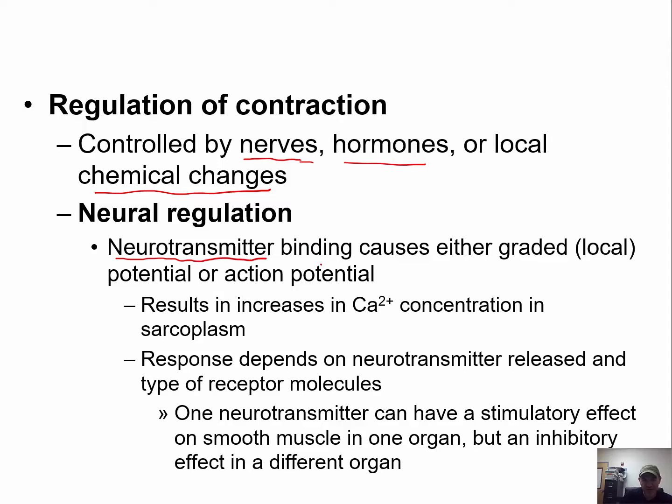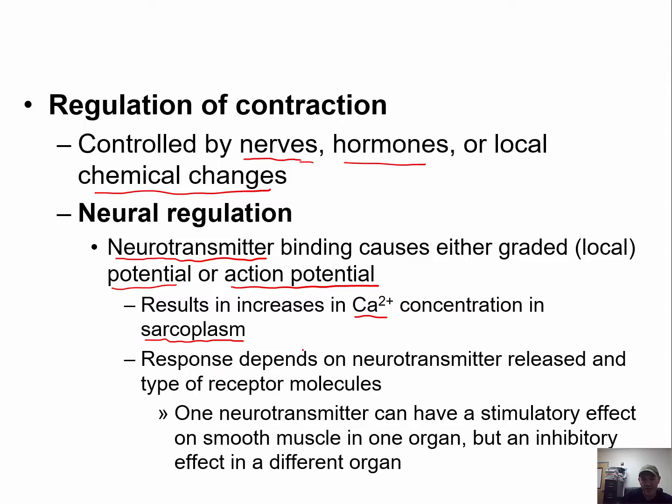These transmitters are going to bind to the membrane of the smooth muscle, and they can cause either small local potentials or full action potentials, which are either small excitements of the membrane or great excitements. If we get a full action potential, all those things are going to do is increase calcium inside the cell. Inside the cell, remember the cytoplasm specifically is called the sarcoplasm. We increase calcium in there, and that would get the contraction to go.